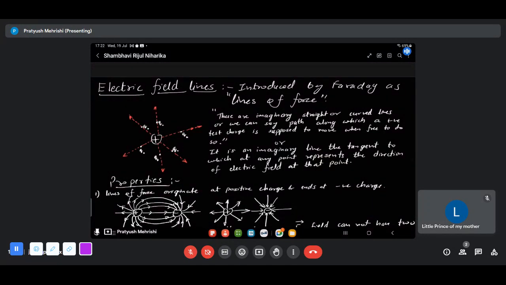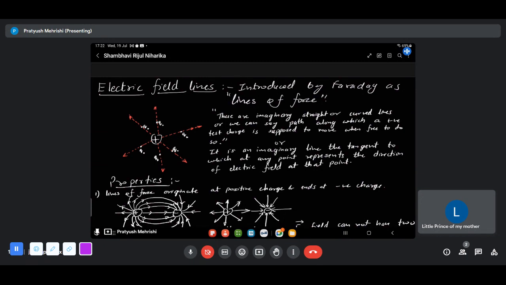Till now you must have studied what are the electric field lines. So can you tell me, what do you understand by electric field lines? So then we can say they are the imaginary lines. Yes, they are imaginary lines, but what do they represent? Positive charge to negative. Yes, good.